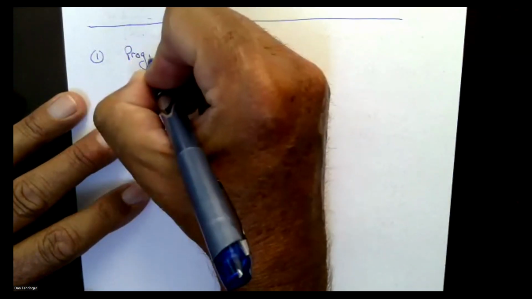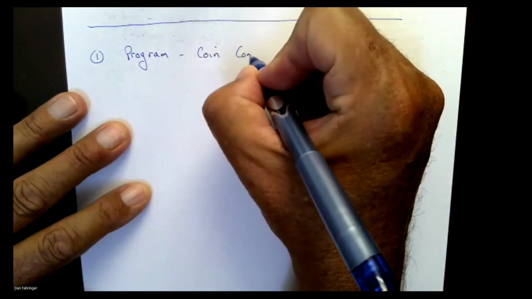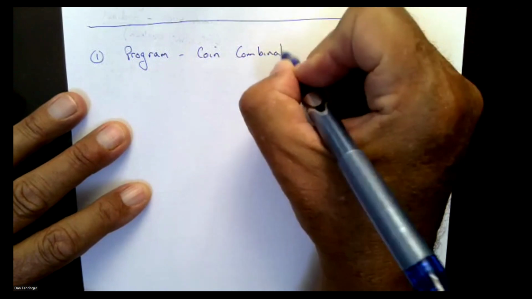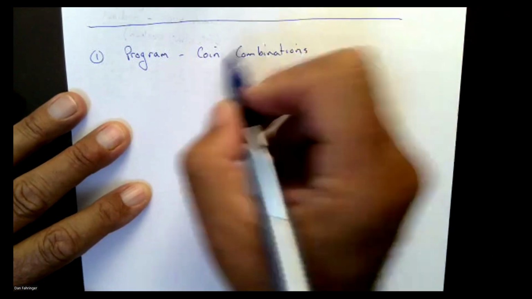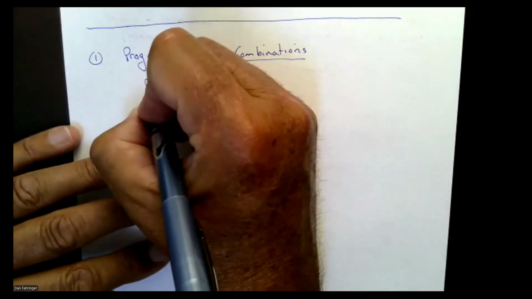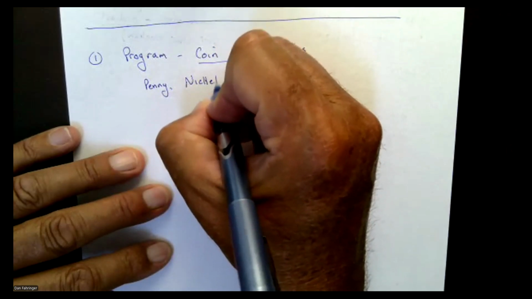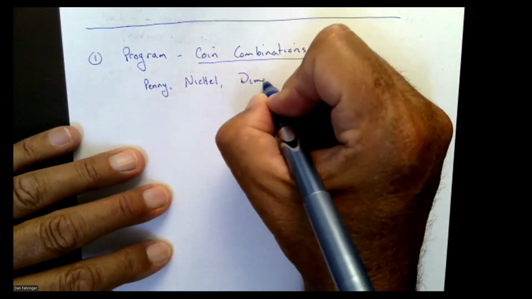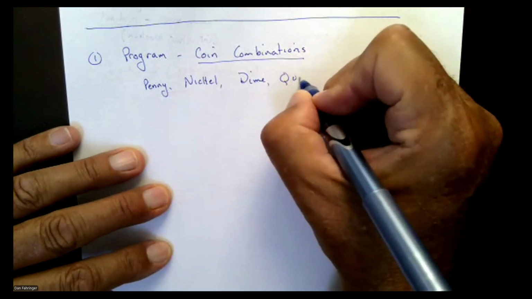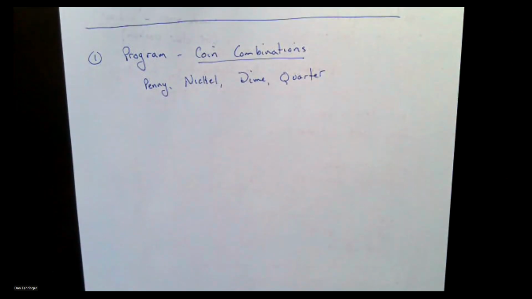This program is called coin combinations. Let's think of coin combinations. I have a penny. I have a nickel. I have a dime. And I have a quarter. That's all we're going to work with. We're not going to use half dollars or dollar coins. It would be easy to modify once you understand how this works.